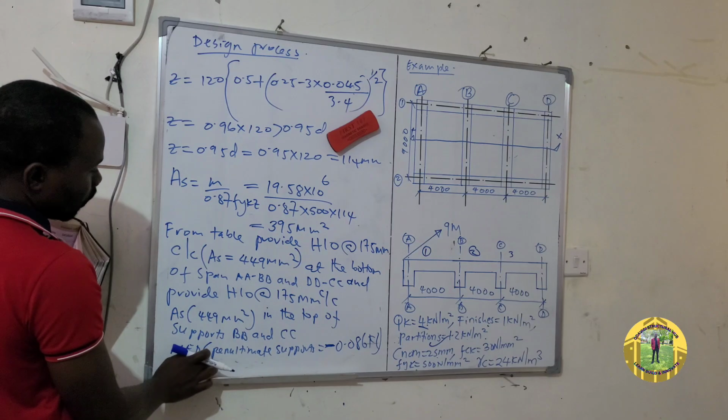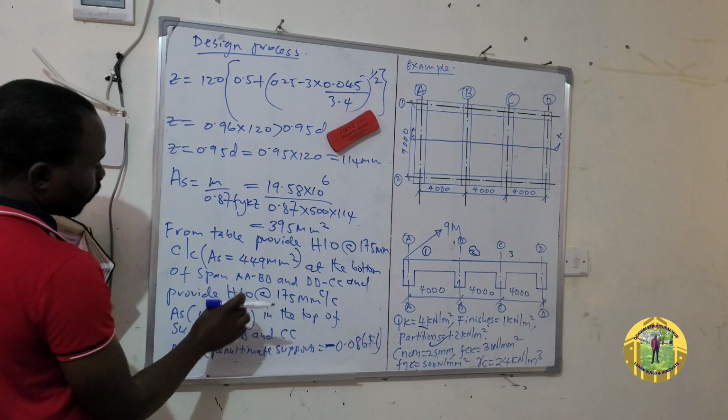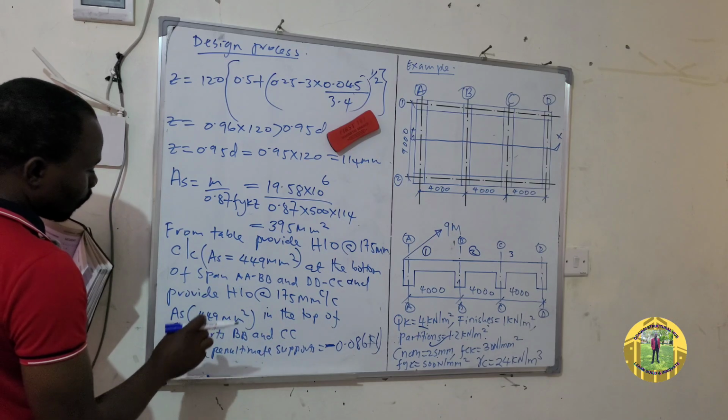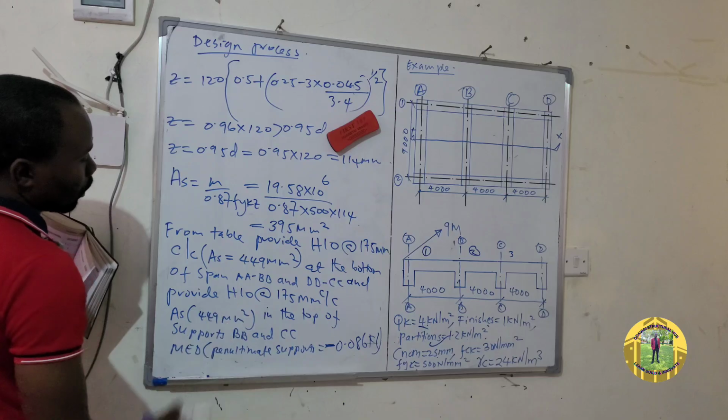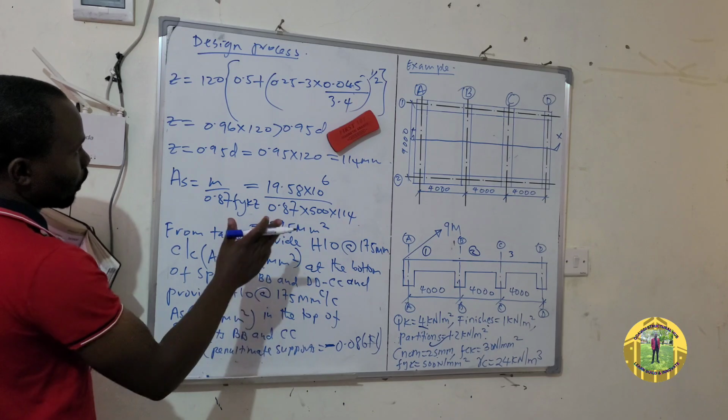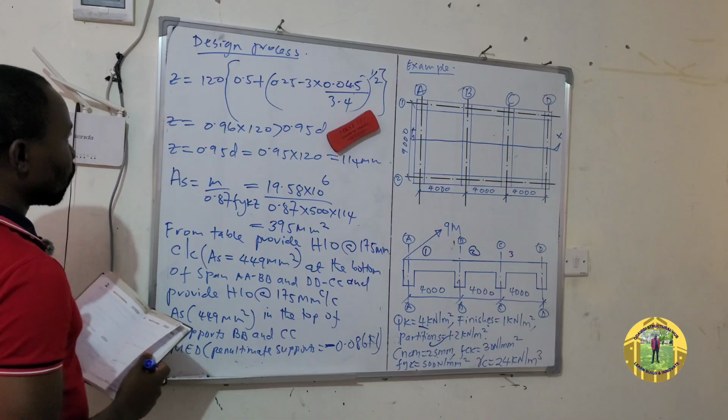So provide H10 at 175 millimeter center to center at support BB and CC, and by doing so you have avoided a lot of calculations.